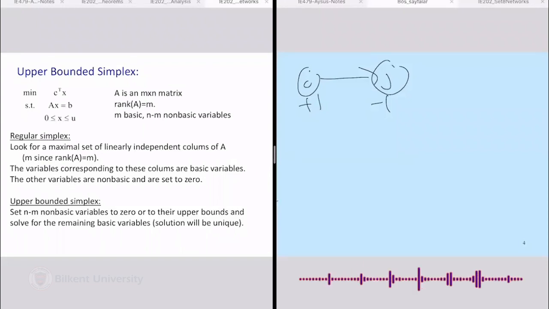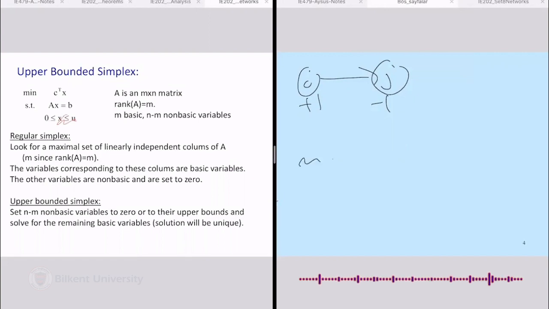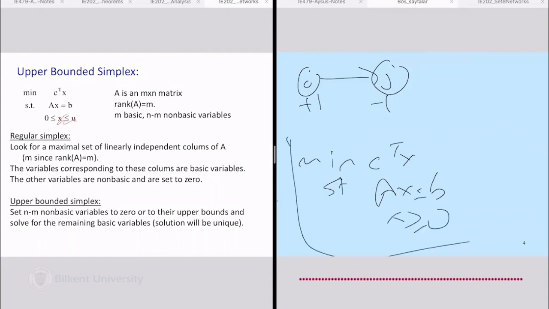Remember, when we solved simplex, we didn't have these. We solved simplex for minimizing C transpose X subject to AX equals B and X non-negative. This is where we worked up until today, right?